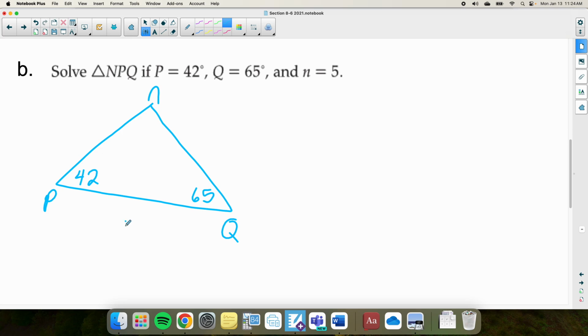Little n is across from angle N, little p is across from angle P, little q is across from this, okay? Would you guys know in this one what you have to do first?